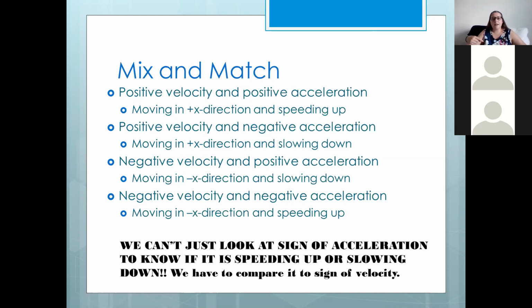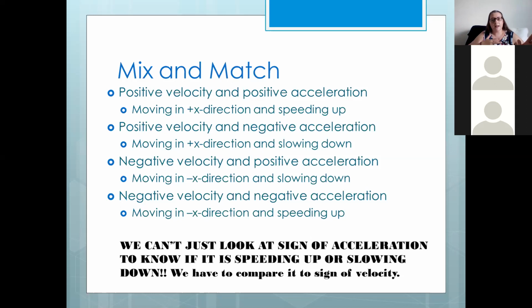So if you're moving in the negative x direction, but you're slowing down, that's kind of like there's another force pushing you back towards the positive x direction that's making you slow down. And that force that's pushing you back towards the positive x direction is the positive acceleration. Not that force and acceleration are the same thing, but it's a way to visualize it. I think that can help sometimes.